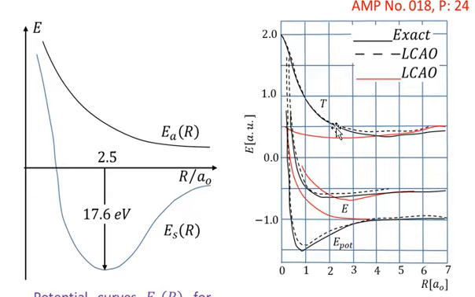Because the hydrogen singly ionized molecule can give you an exact solution, as it can be solved exactly using the Schrödinger wave equation. So the solid lines are the solutions of the Schrödinger wave equation giving you the exact solution, because the analytical solution can be obtained using the Schrödinger wave equation.